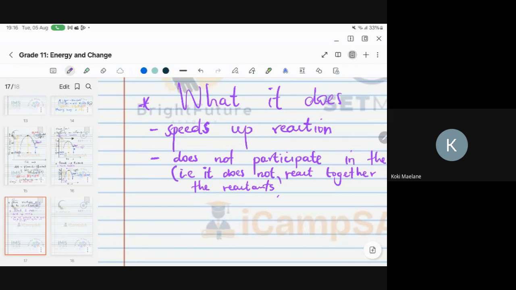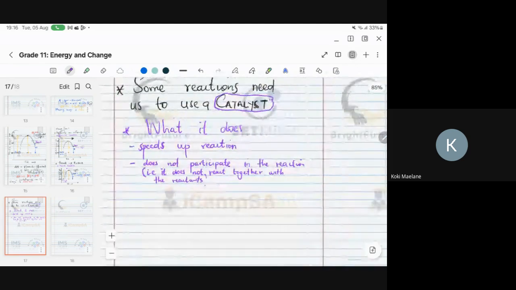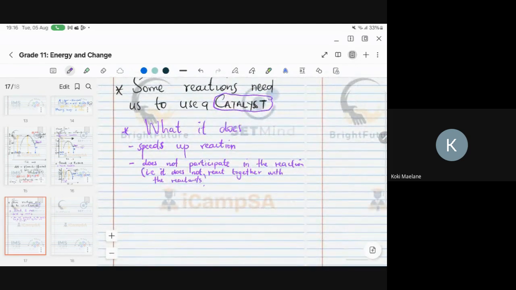Right. So when do we use it? We use it if the activation energy is a bit too high for us to achieve. Remember what we said, the activation energy is the amount of energy we need to start the reaction.